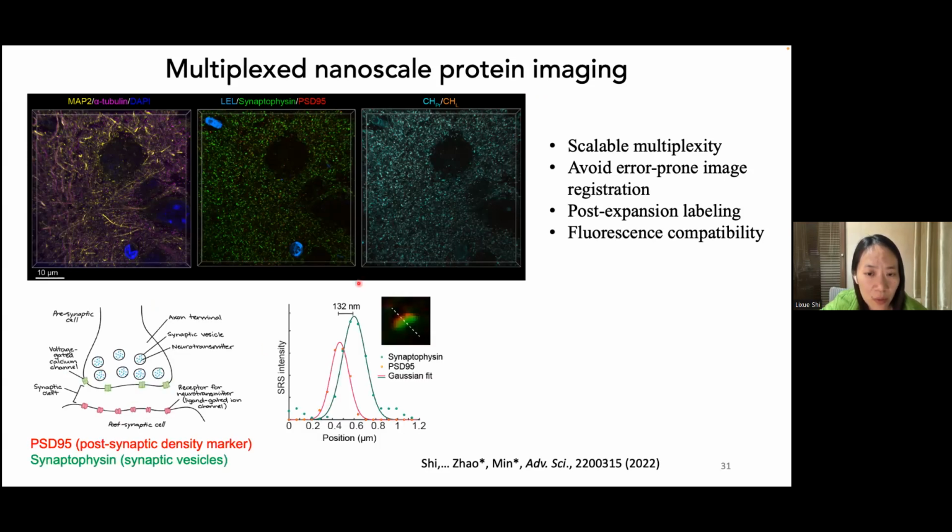Notably, our approach has the strength to unravel clearly distinguishable pre- and post-synaptic labeling, which are usually overlapped spots before expansion.